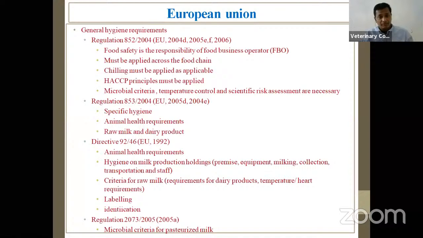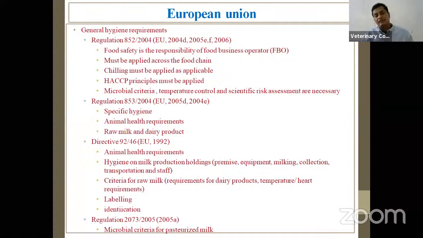Take for example the European Union. The European Union is a union of many countries. We call some countries Schengen countries also. All these countries have a common code of practice with respect to hygiene and sanitation, and product conformance specifications.